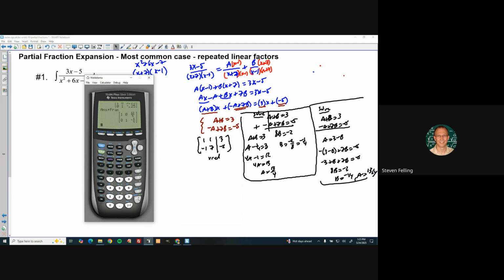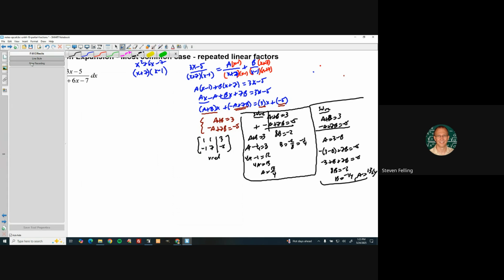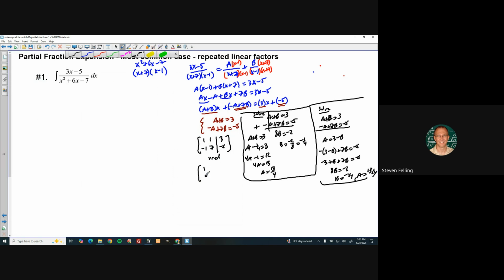And after doing reduced row echelon form, RREF, you get the matrix 1, 0, 0, 1, and then this number here is 13/4, and this number is negative 1/4. And so this equation now is 1a plus no b's is 13/4, no a's plus 1b is negative 1/4. So you can use one of these methods to solve.